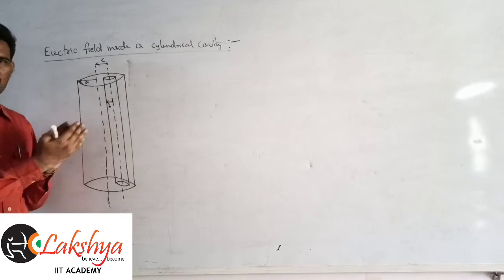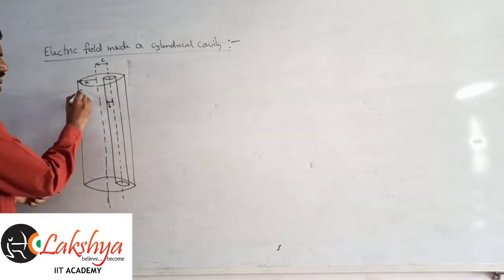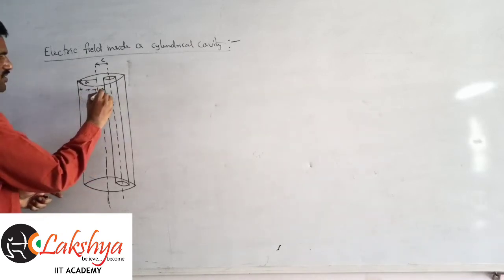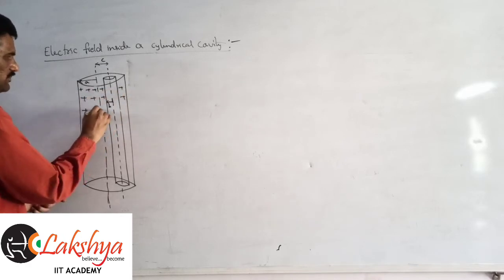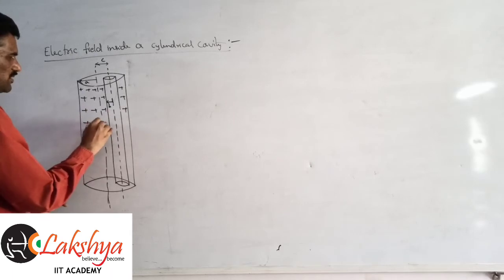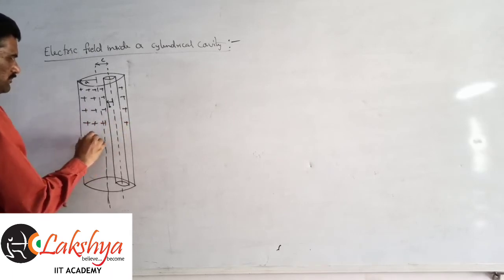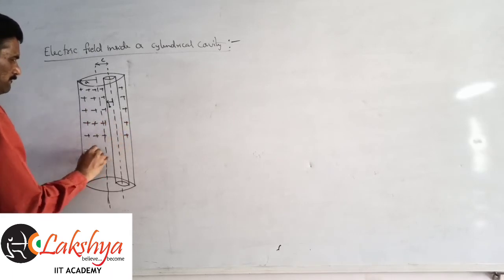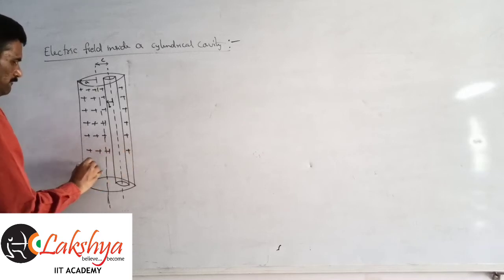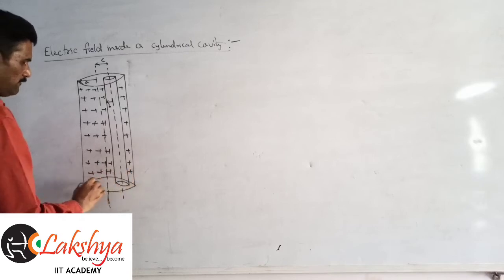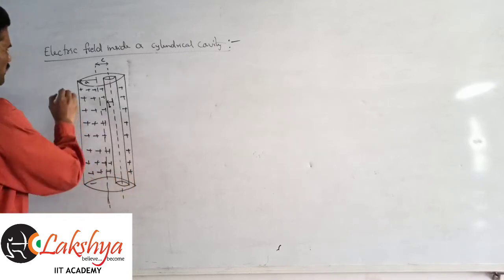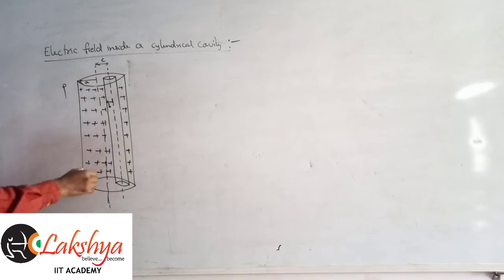We are assuming the cylinder has a volume charge density rho. Now we need to find the intensity of electric field at any point inside this cavity.